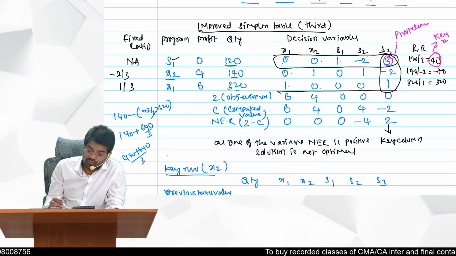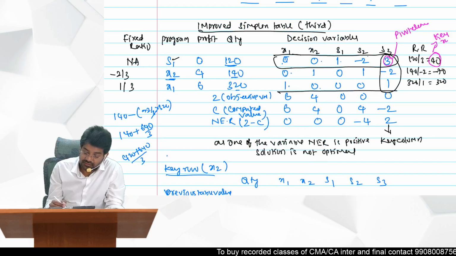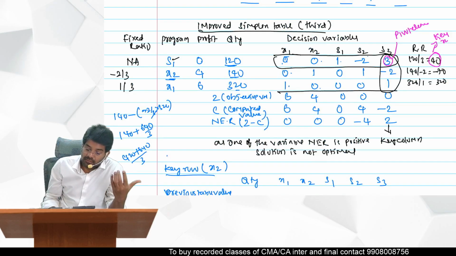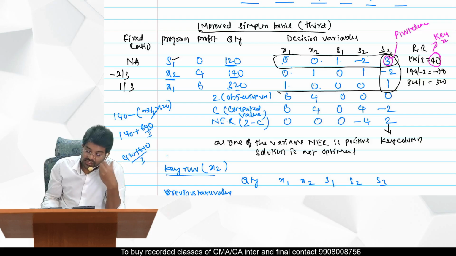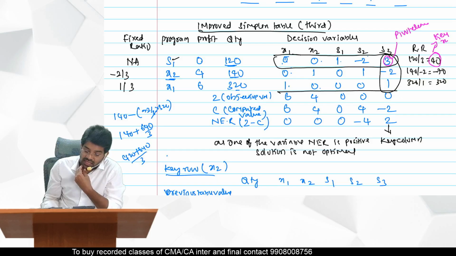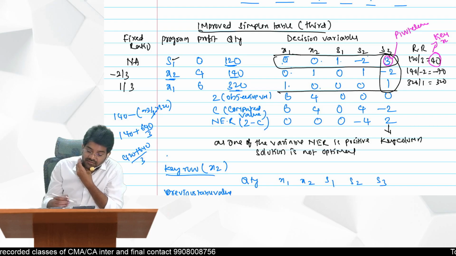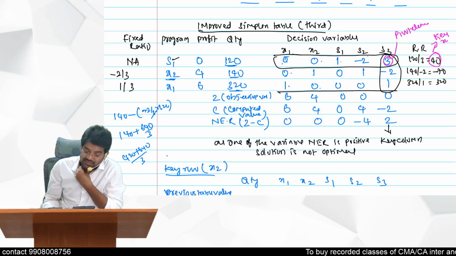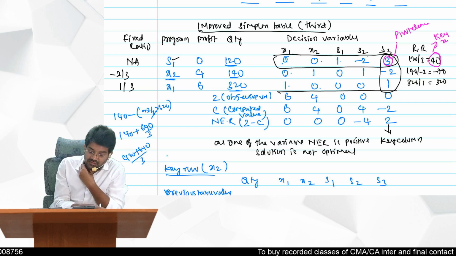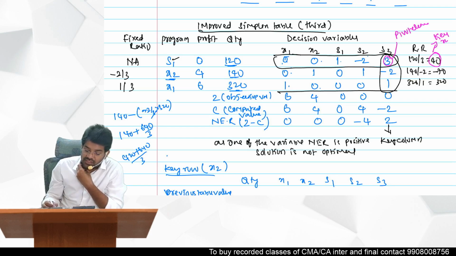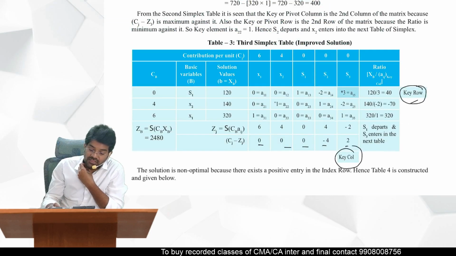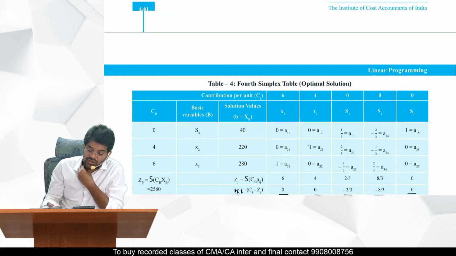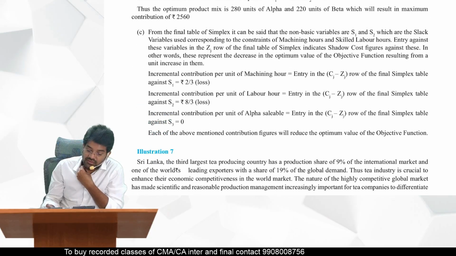Minus the fixed ratio, minus 2 by 3, into the key row element, 320. They are giving 220. First of all, what is the fixed ratio there? Did they take minus 2 by 3 or not? They are not showing here how they got the values, how they got 220.